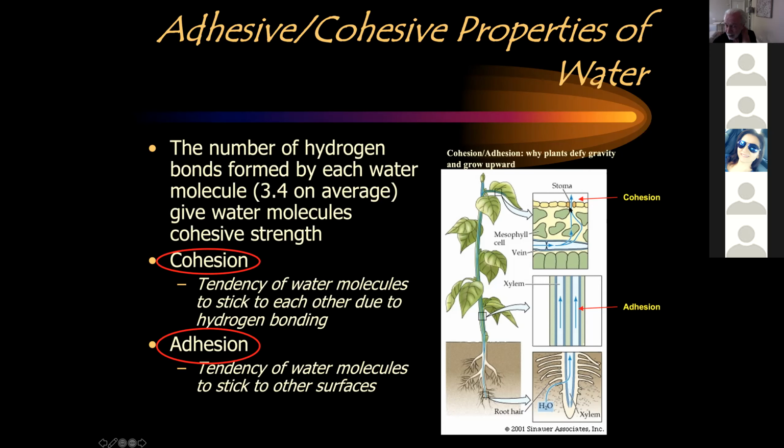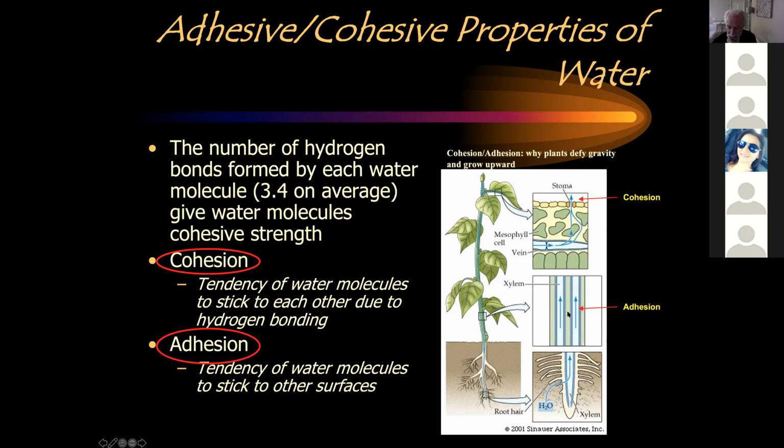This is where cohesion is important, because as the water molecules escape, because of cohesion, they pull the water molecules behind them up. So as the gas escapes, the liquid water is pulled up.